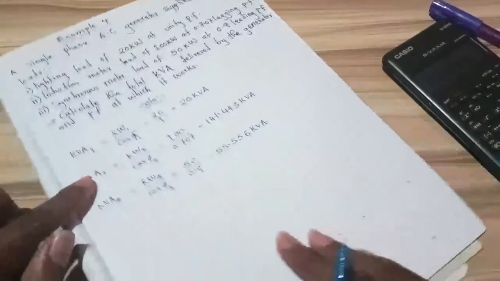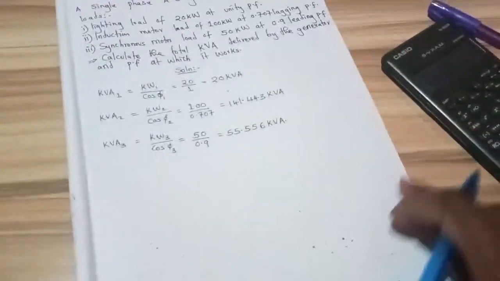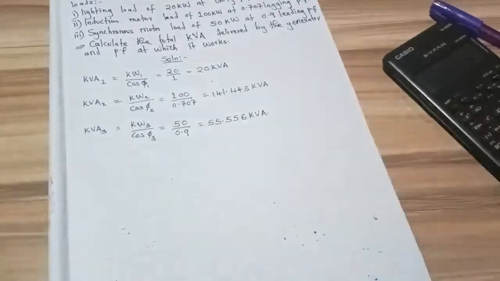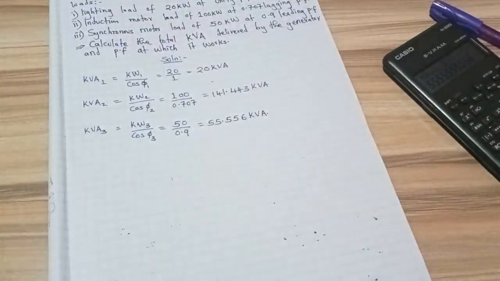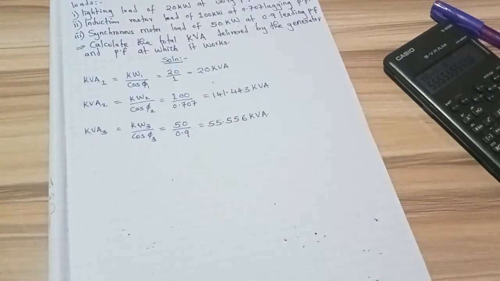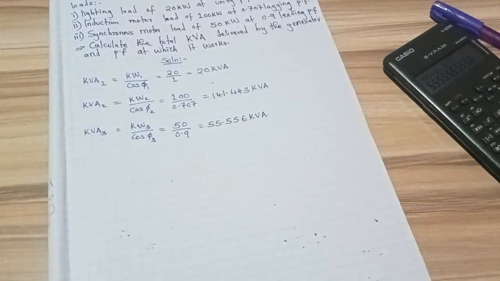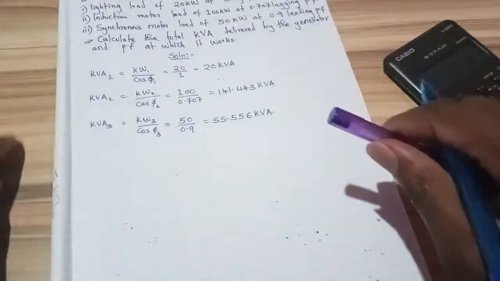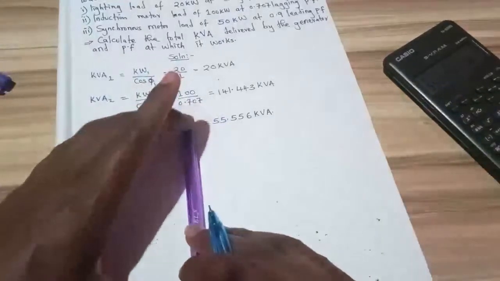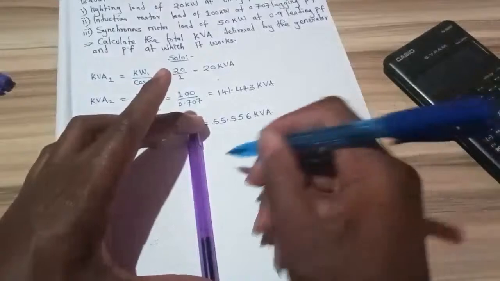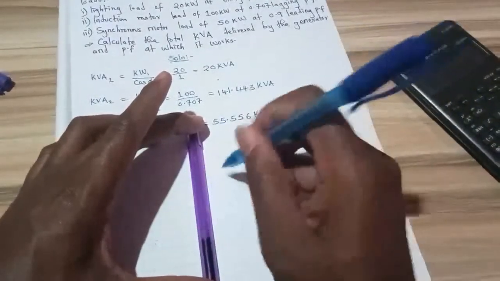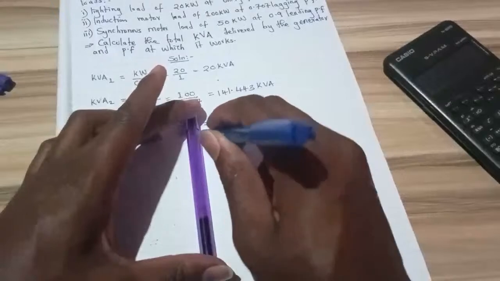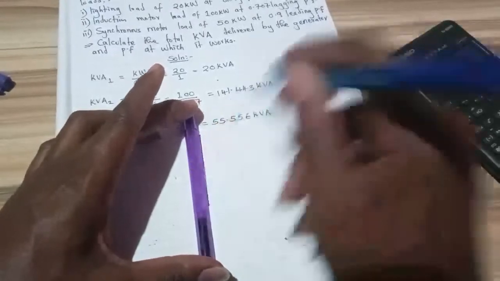Now from there we need to sketch the relationship between all these: the actual power, the apparent power, and the reactive power, and also show the relationship in terms of the power factor.